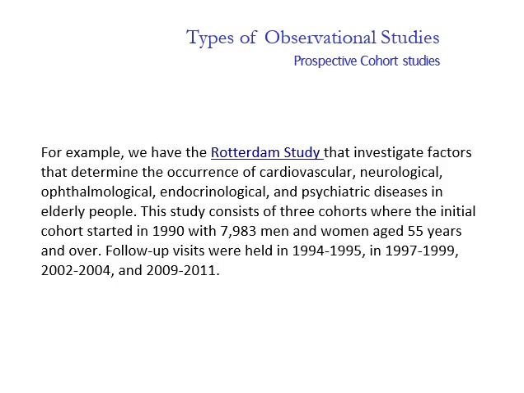Here we have an example of a prospective cohort study, the Rotterdam study. Essentially, they are trying to look at the factors affecting the occurrence of different diseases. So they have a cohort, they start off with a group, and they follow them up over a certain period of time.